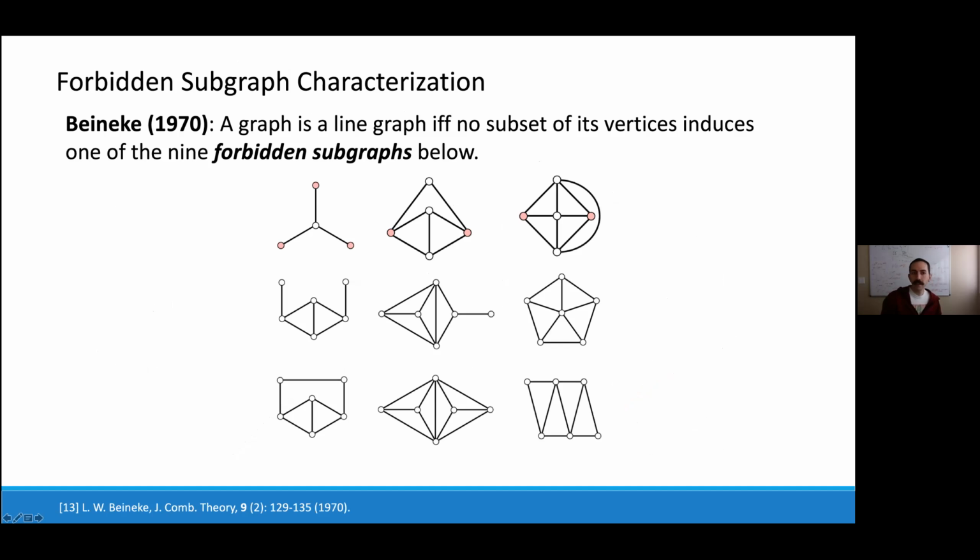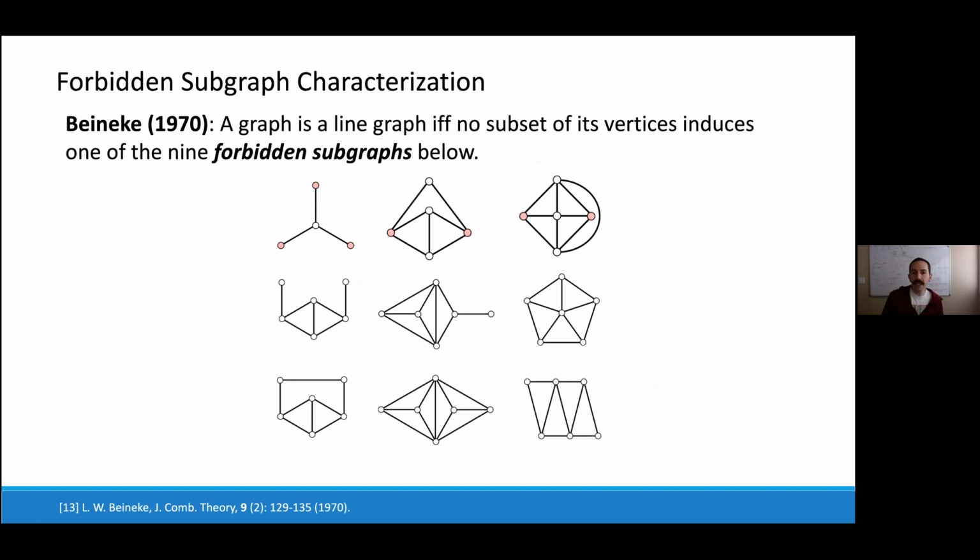In fact, line graphs have a complete characterization in terms of so-called forbidden induced subgraphs. So forget about the fact that some of these edges are red. That's an artifact from me copying and pasting this figure from our paper. I'll describe why some of those edges are red in a little bit.